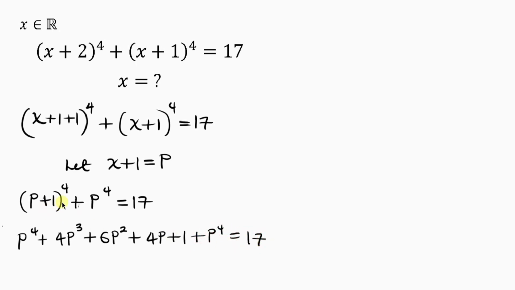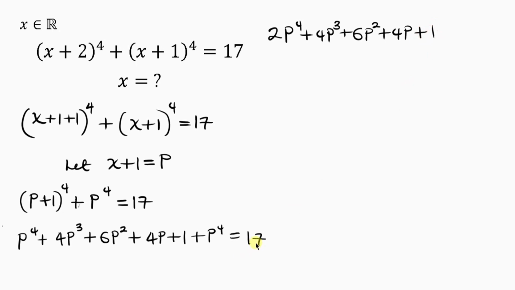So you notice that the binomial expansion ends here. And now this is just plus p^4, which we have here. Now notice that I have p^4 plus p^4, which gives 2p^4. Now writing the other values, I have plus 4p^3 plus 6p^2 plus 4p. Now I have plus 1.